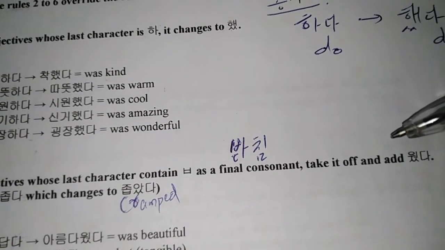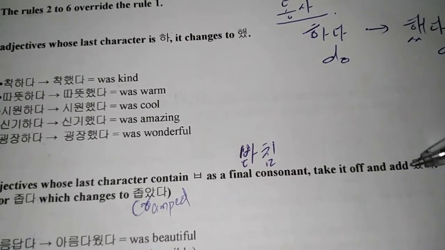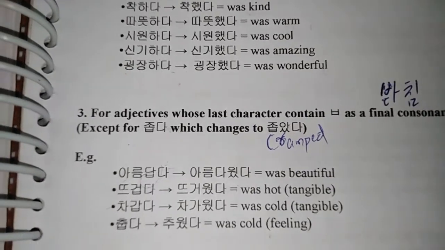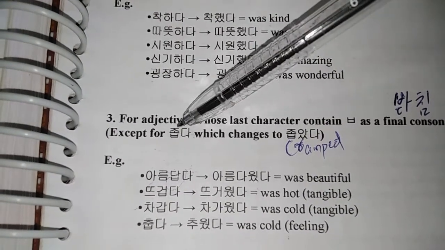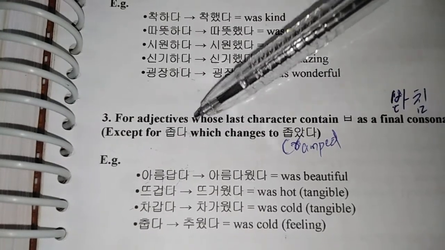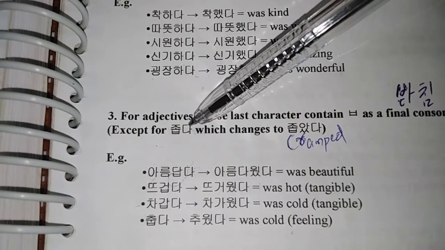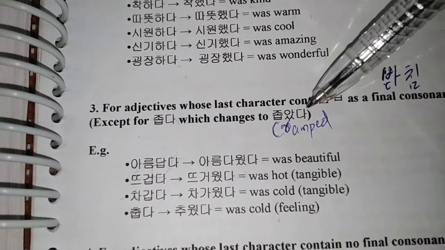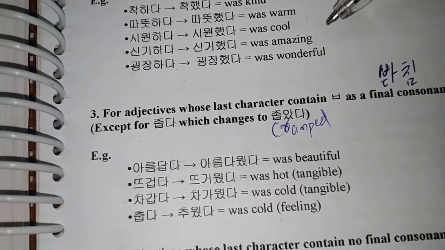It might be a bit confusing, so you just take the beep off and add watta as the next two syllables. And there is an exception to this rule, that is 좁다. When you have the word 좁다, which means cramped, you don't do anything, you just follow the first conjugation rule that we saw just minutes ago, and 좁다 would become 좁았다.